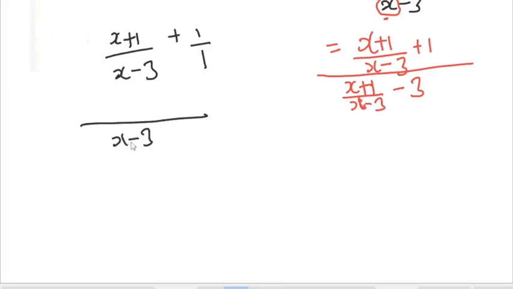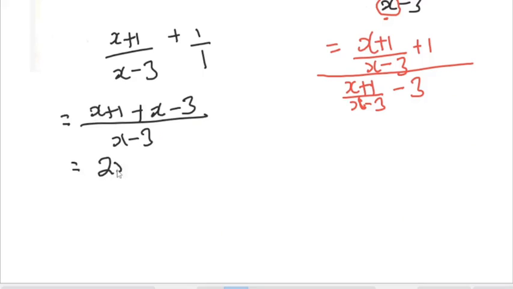This x minus 3 into x minus 3 is 1, so we are just going to have 1 times x plus 1, which gives x plus 1. Then we have this plus 1, so we say 1 into x minus 3, we'll get plus x minus 3. So this is just the numerator. This numerator will give us x plus x.